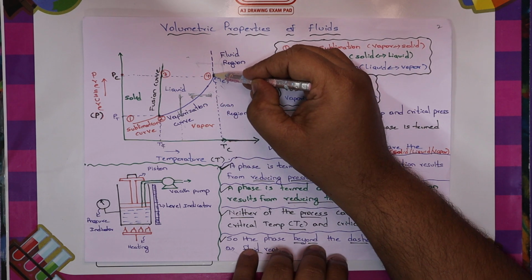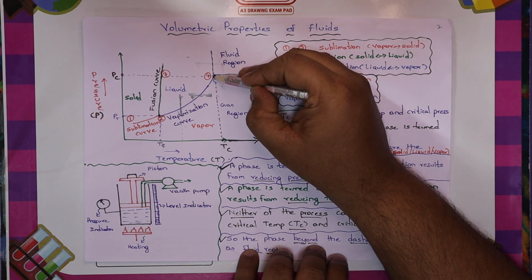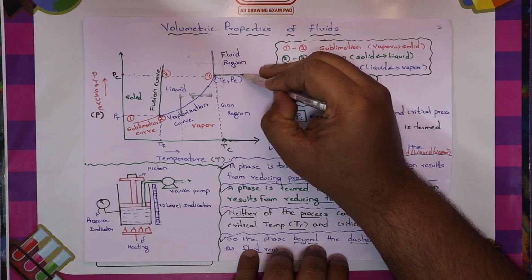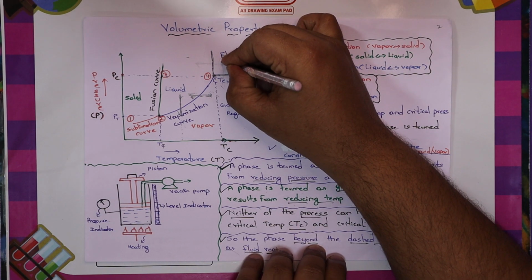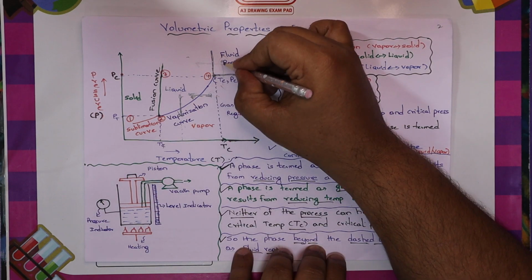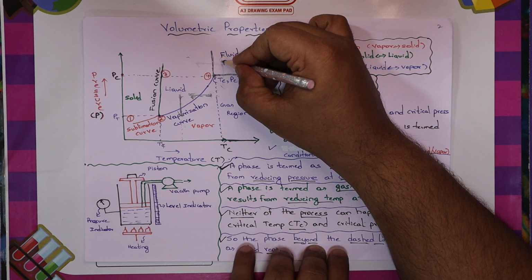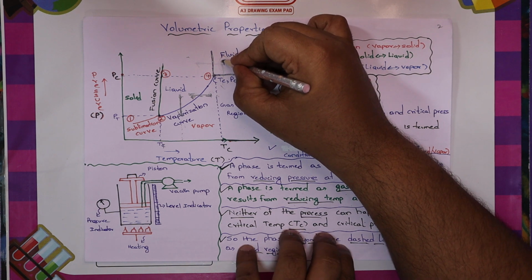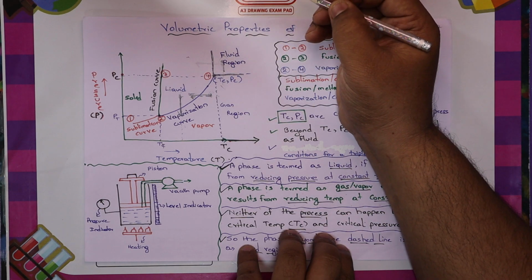So what happens beyond this point, beyond this particular curve? Here, assume a substance is present at this point. If it is a liquid, reducing the pressure should convert it to vapor, but it will not become a vapor.